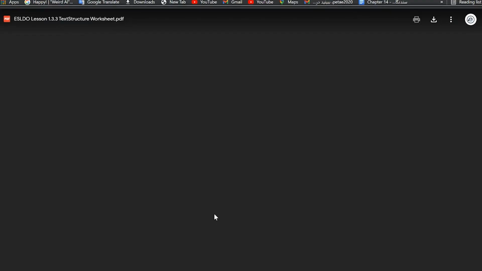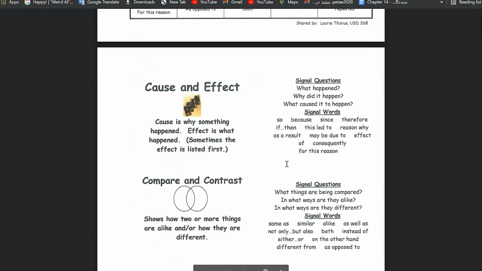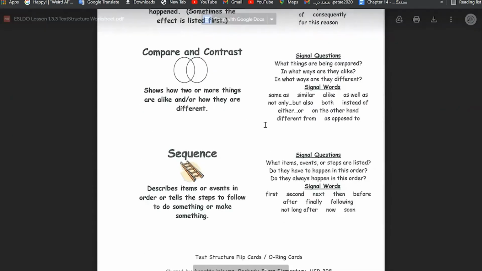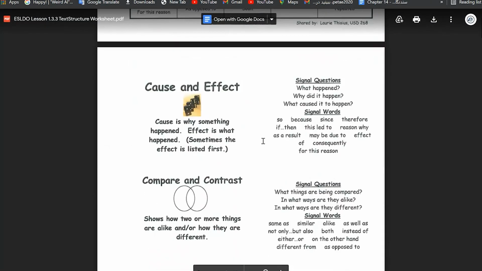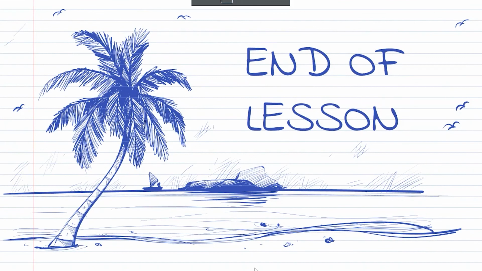Here is everything in the unit 1.3 and lesson 1.3.3: text structure, signal questions and signal words. You can read all of them, it is so interesting. I read all of them. And the next one is the end of the lesson.